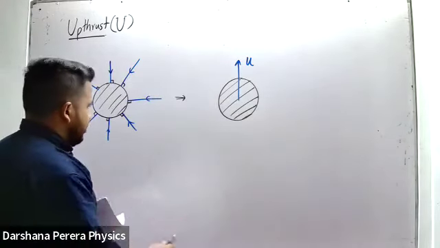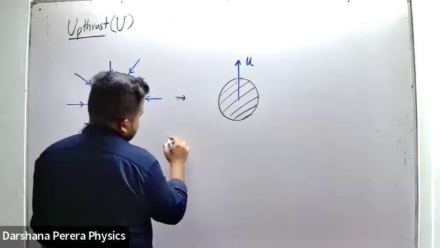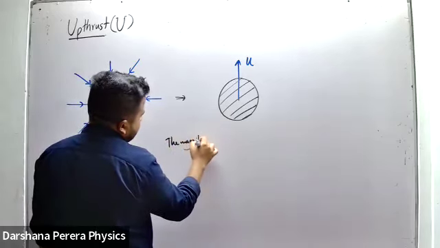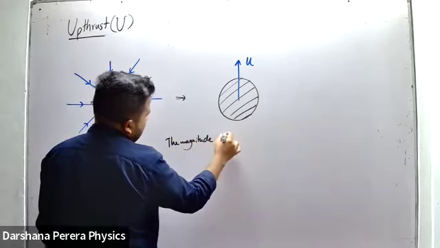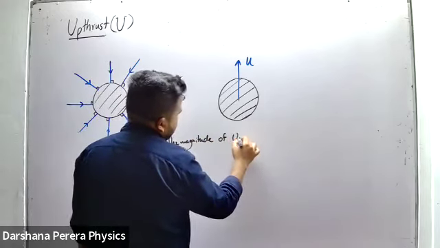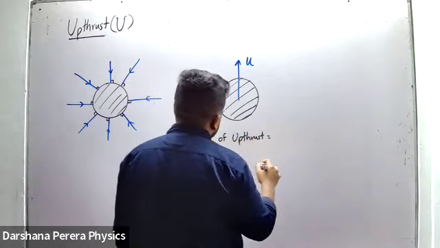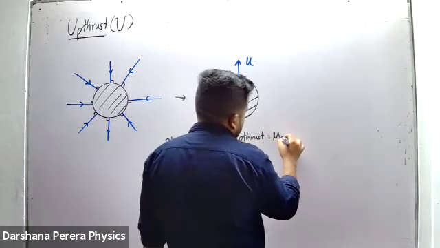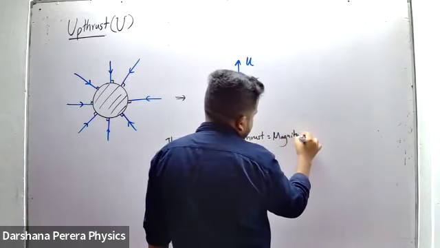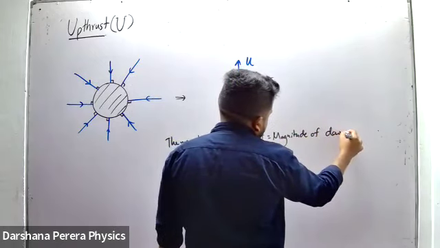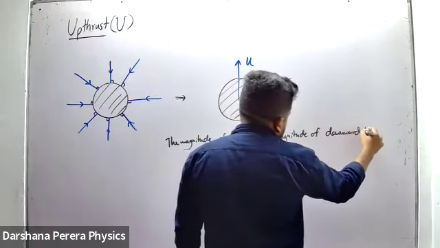Then another rule: the magnitude of upthrust equals the magnitude of downward thrust.